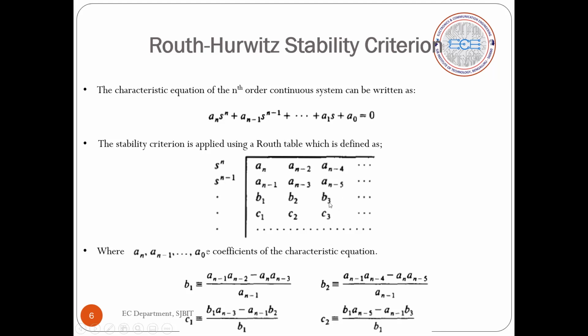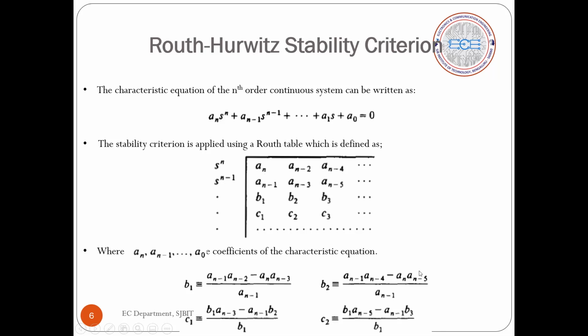Now what is b3? Again you take the first column and the fourth column here. The fourth column we have not entered here, so for the sake of simplicity you can write the equation for b3 yourself by extending the same logic.